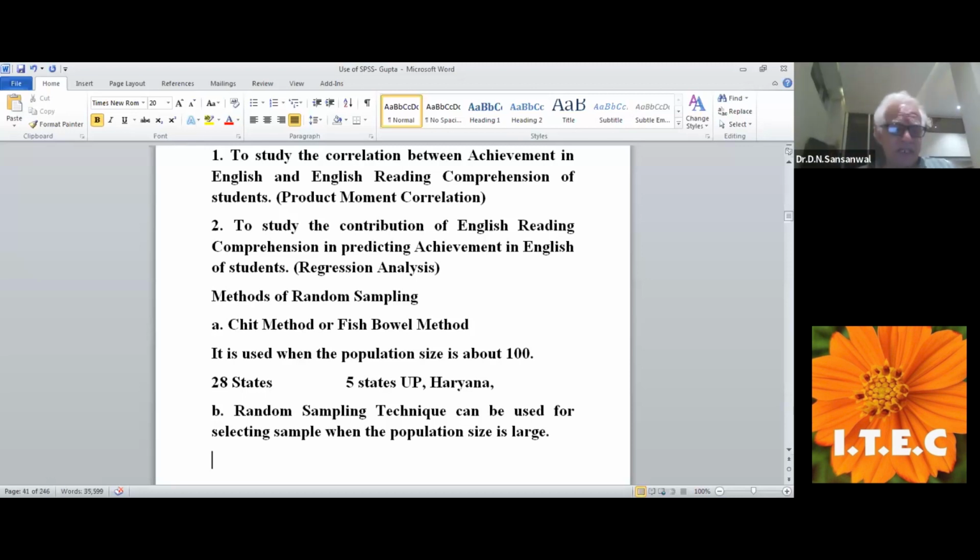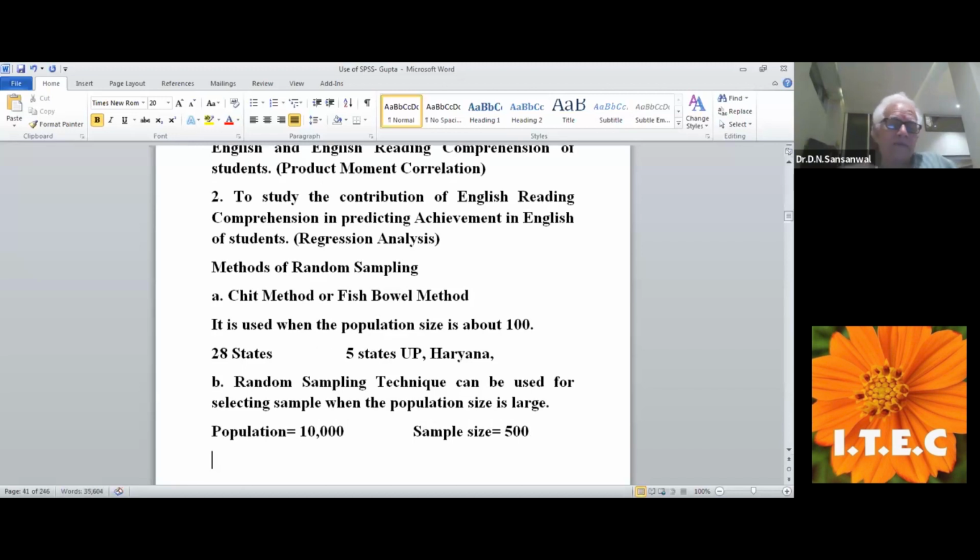Now, let us say your population is 10,000, and you want to select a sample size of 500. Then how many?